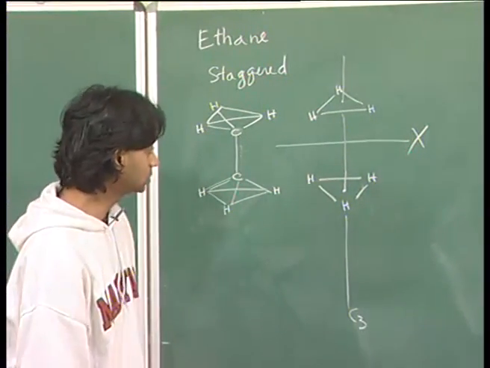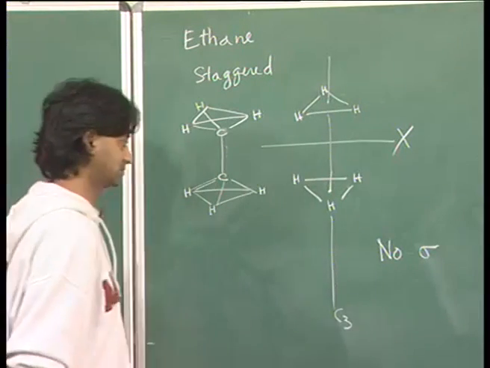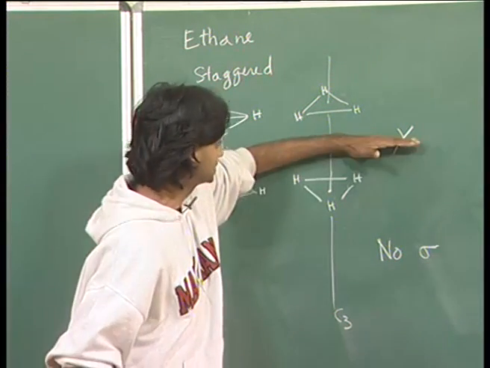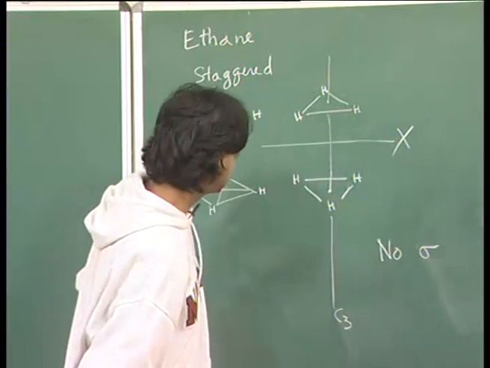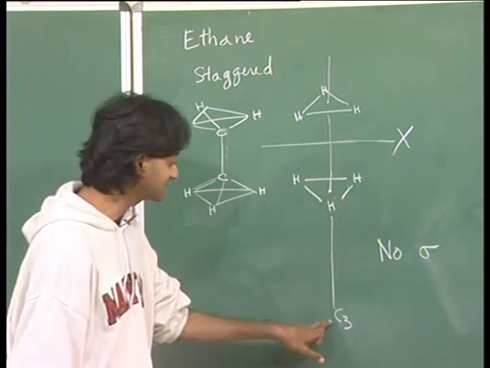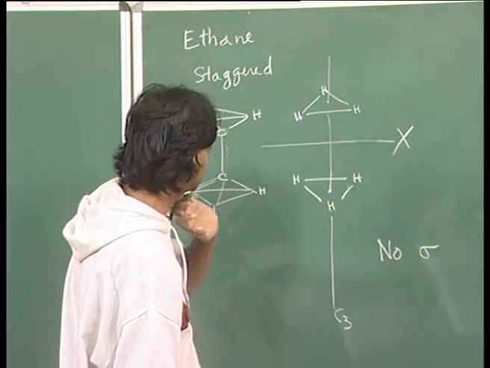So, no sigma. Okay, so this does not have sigma. In other words, this is not a plane of symmetry. However, it has a C3, it has no sigma.